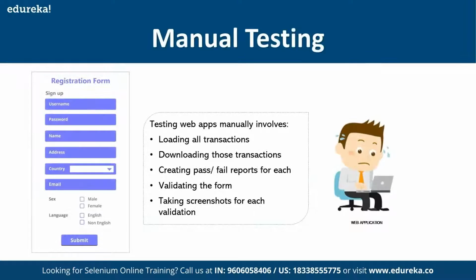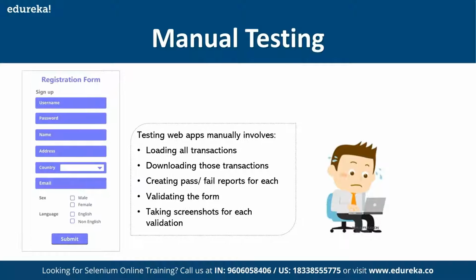So how can things help us in terms of automation, and how can Selenium help us? In manual testing, you have test cases and you have to execute all of them one by one. You have to do the reporting all by yourself, and update everything in terms of pass fail results. If there is a fail, you have to create a bug, take screenshots, and so on, which takes a longer duration.